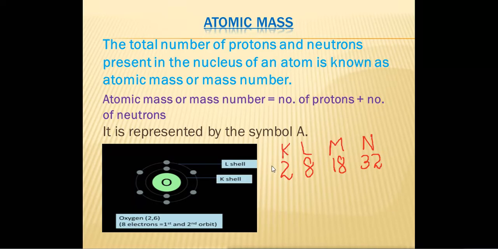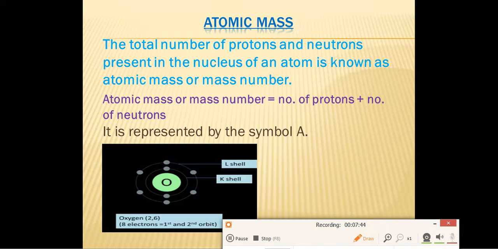So this is the concept about the shells. These shells are present around the nucleus. In these shells electrons are present which revolve around it. Suppose we are taking the example of the oxygen atom.